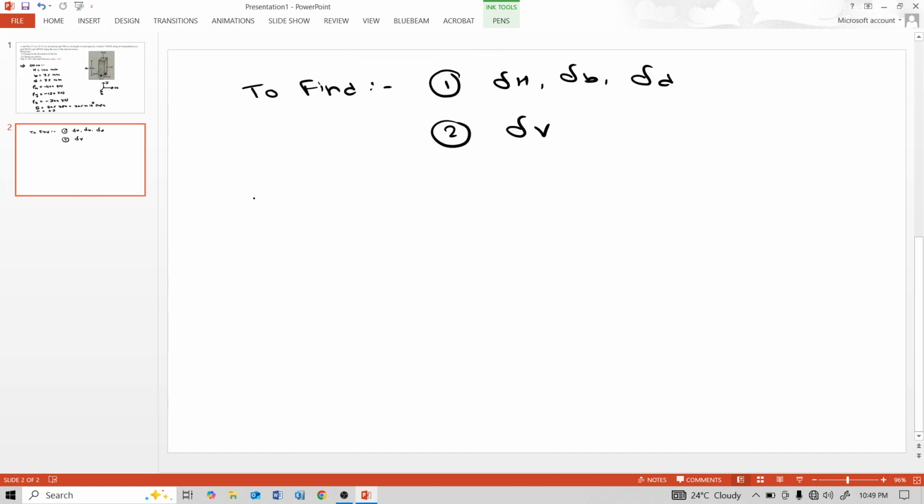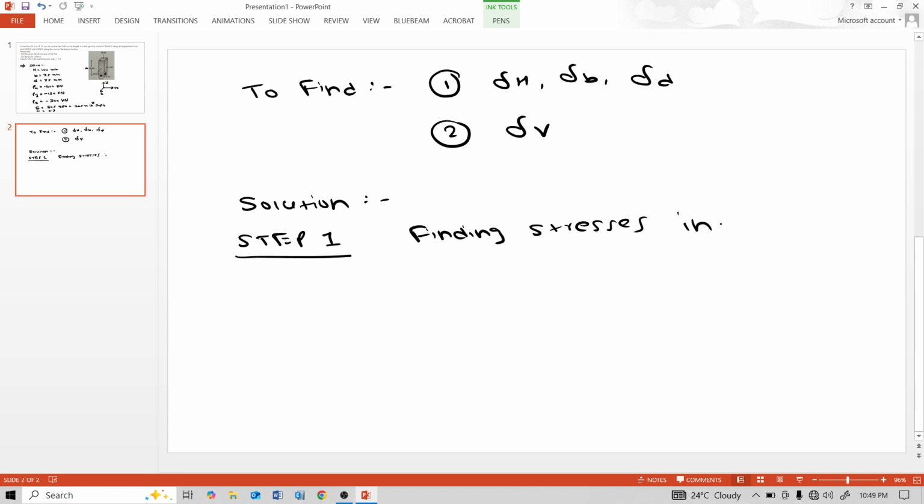Now solution. Step 1. Finding stresses in all directions. First find stress in x direction.